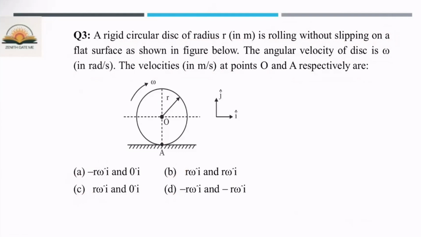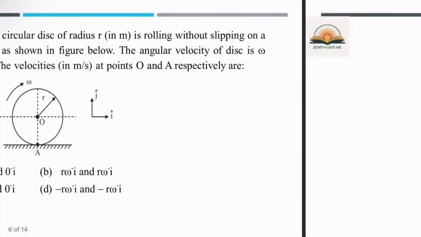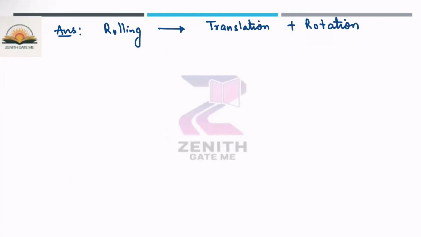First of all, what is pure rolling, or what is rolling? Rolling is nothing but the combination of translation plus rotation, translation and rotational motion.